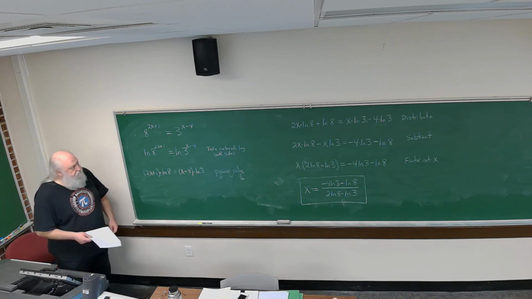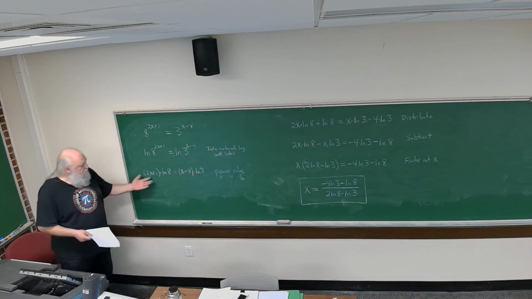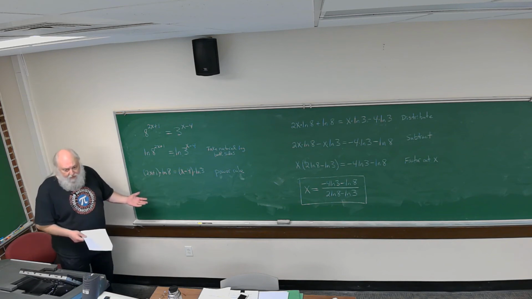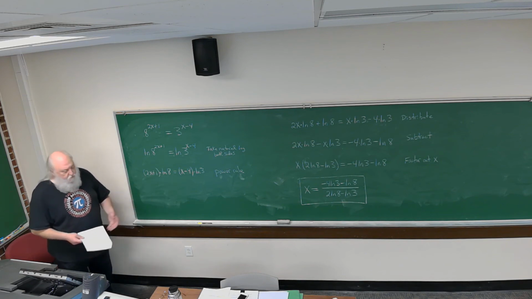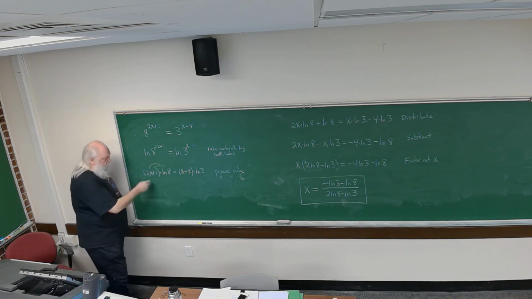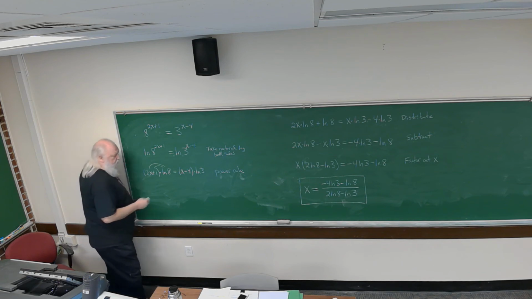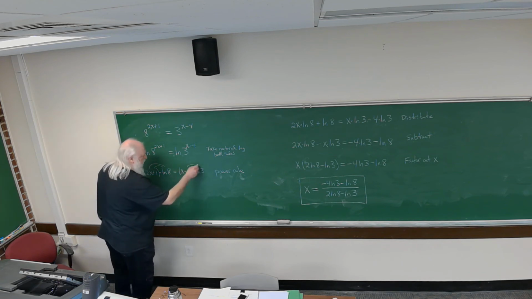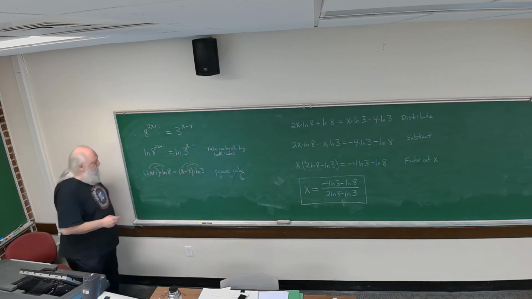All right, so now I have a linear equation in the variable x, and we have to solve for x. On the left-hand side, I distribute the natural log of 8 inside the parentheses. And on the right-hand side, I distribute the natural log of 3 inside the parentheses.